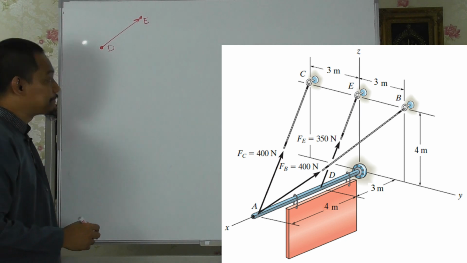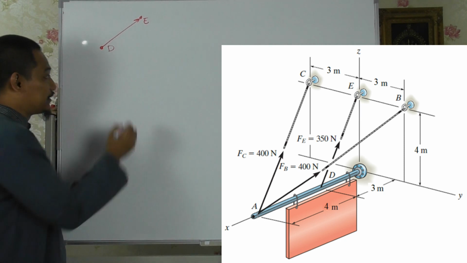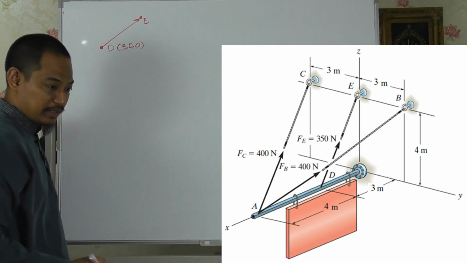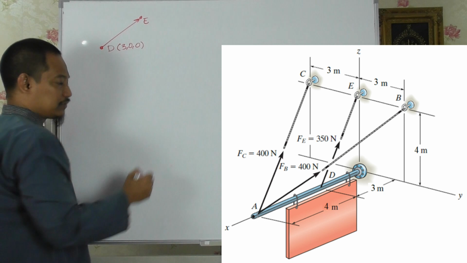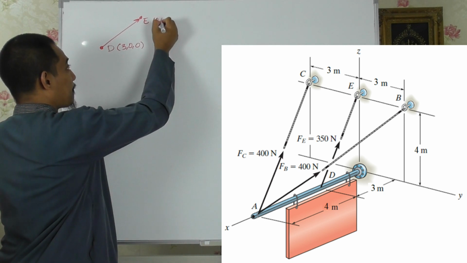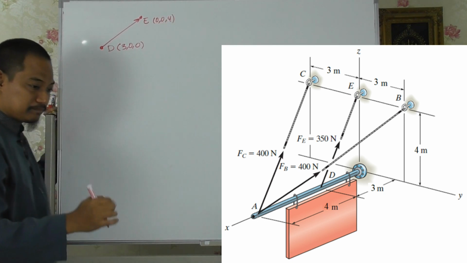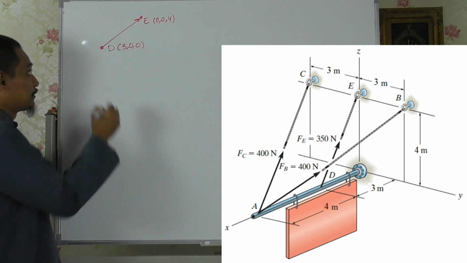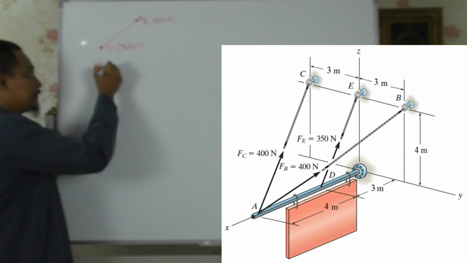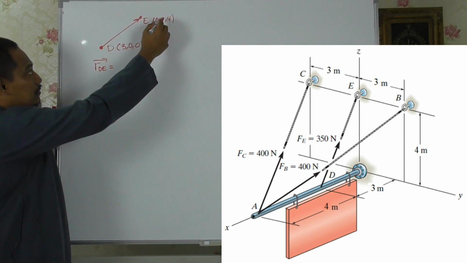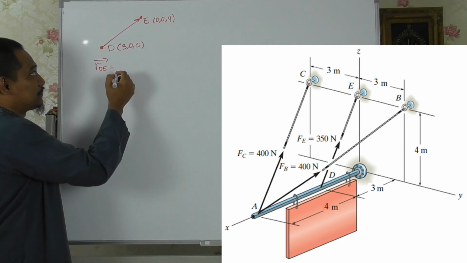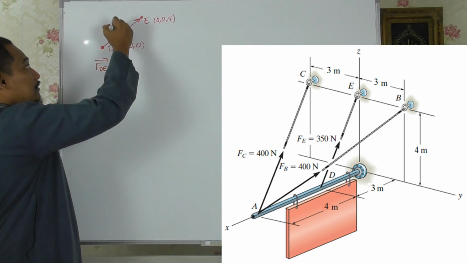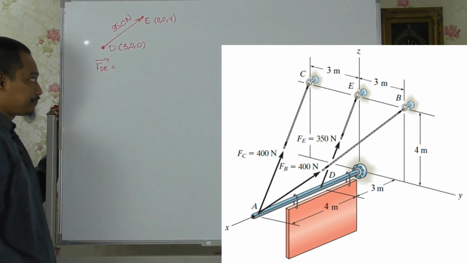So the coordinate D is 300 and point E is 004, right? All right, so RDE is E minus D. Of course, the value is given, right? Fe is 350 Newton.